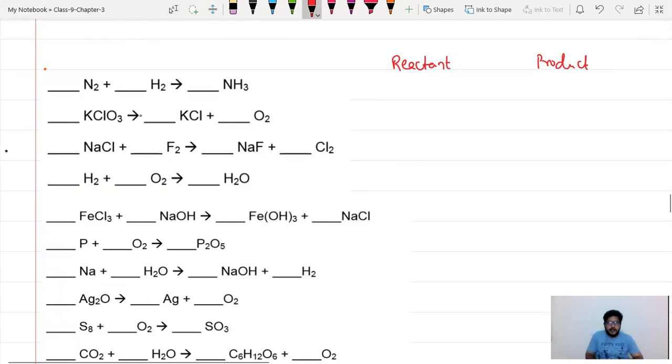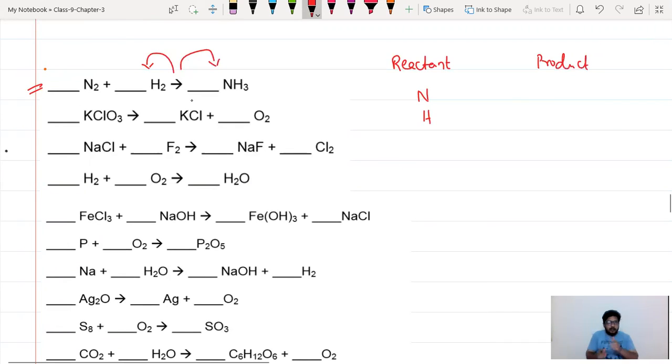Now let us take the first equation, this one. We have N2 plus H2 gives rise to NH3. Try to write the number of atoms and what atoms are present on the reactant side. What atoms do we have? Nitrogen, hydrogen. Reactant side means before the arrow. Product side means after the arrow.